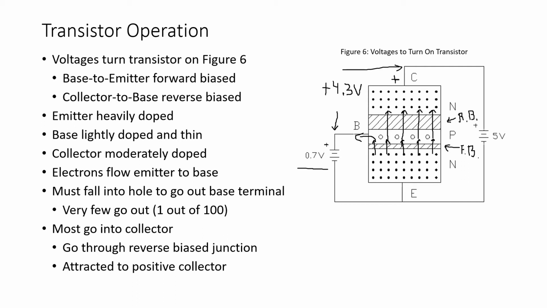So even though the base to collector junction is reverse biased, the majority of the electrons will continue on through the reverse bias junction and flow out the collector lead. So again, even though we have a lot of electrons flowing through the forward biased base to emitter junction, anywhere from 100 to 300 of the electrons that flow through there will continue on to the collector, and only one will turn the corner and go out the base lead.